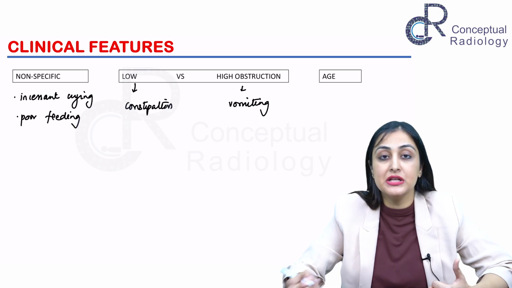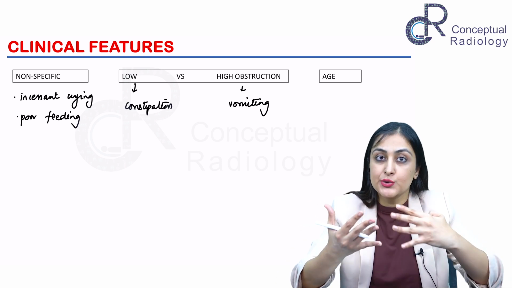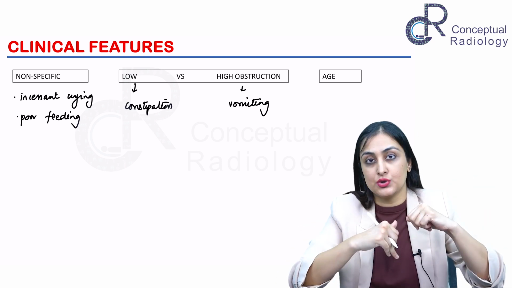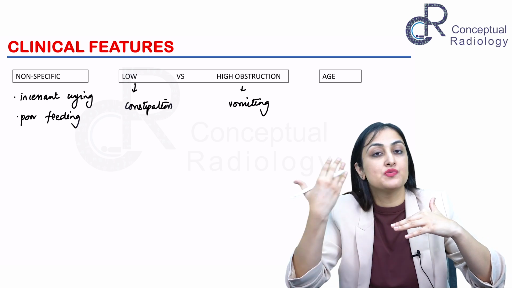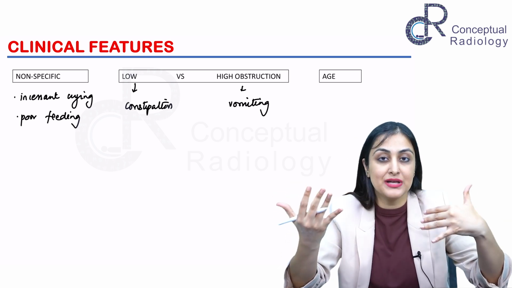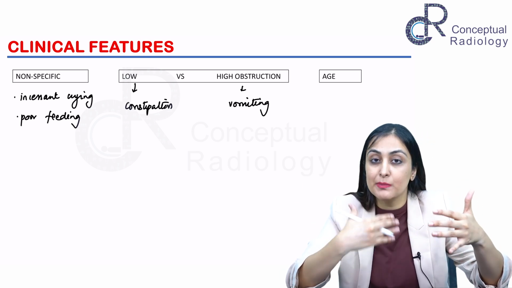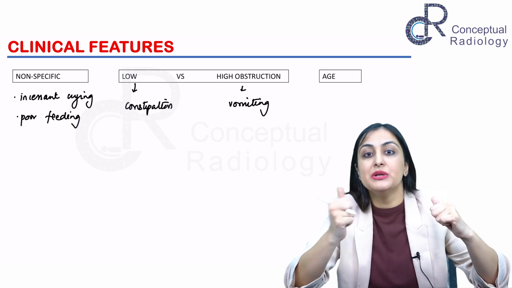So this could be bilious or non-bilious depending on whether it's proximal to the D2 part or it's distal to the D2 part. So obviously something which is proximal to D2 is going to be non-bilious vomiting, something like CHPS, something which is distal like duodenal atresia, ileal atresia, midgut volvulus, is all going to have bilious vomiting, right?